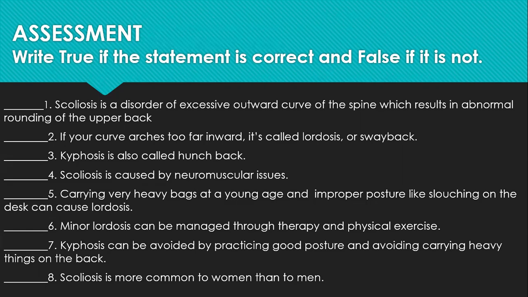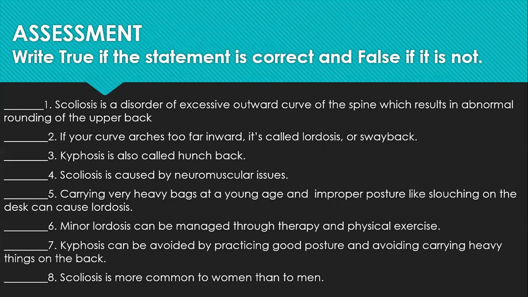3. Kyphosis is also called hunchback. 4. Scoliosis is caused by neuromuscular issues. 5. Carrying very heavy bags at a young age and improper posture like slouching on the desk can cause lordosis. 6.